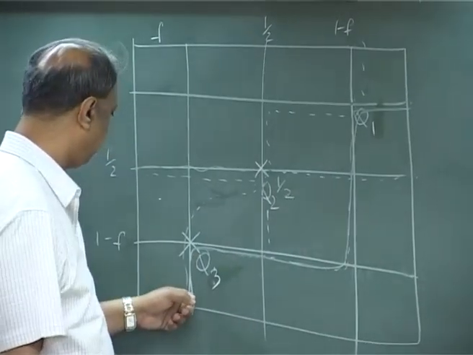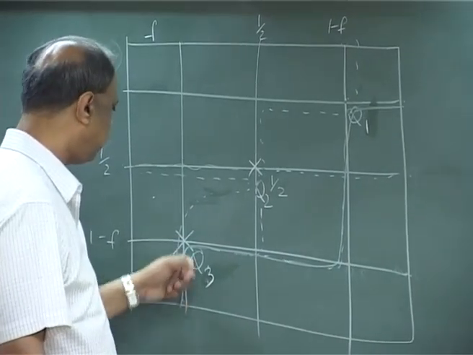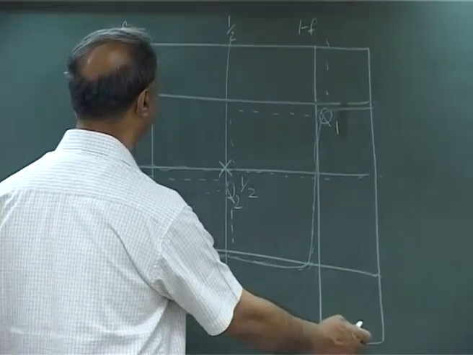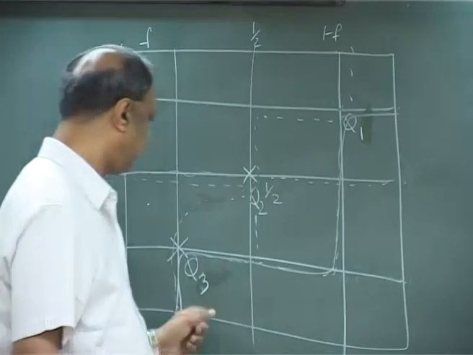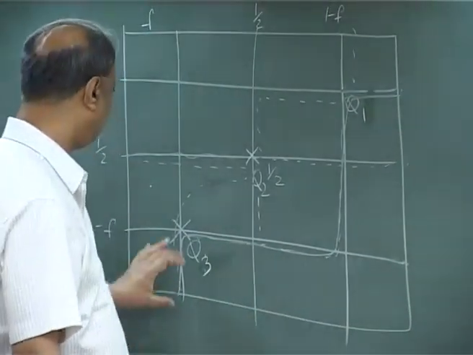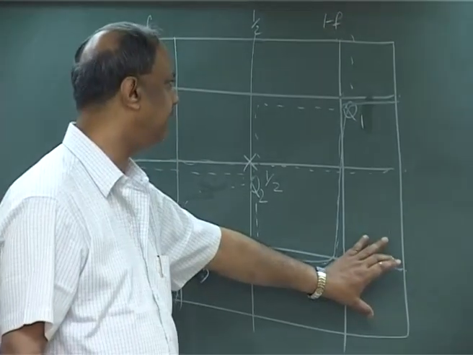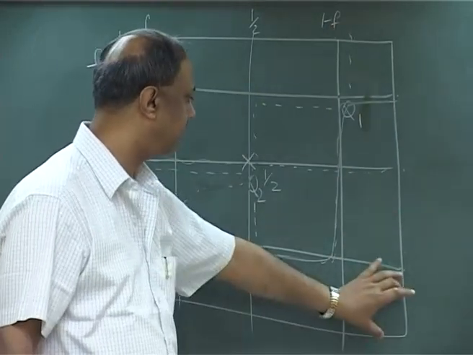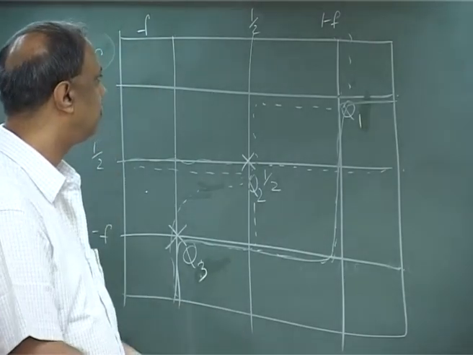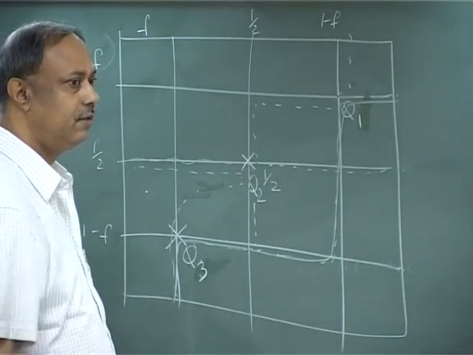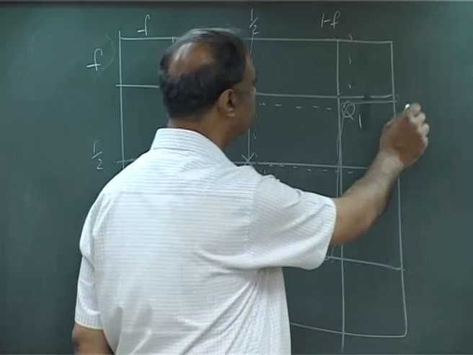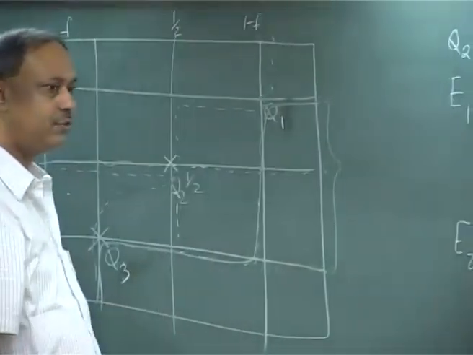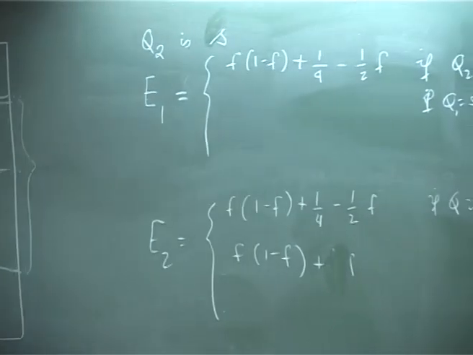This is f, right? And this is 1 minus f, agreed or not? Because this part is f, so this is 1 minus f. So you got this area is f into 1 minus f. What about this area? This is f and this is also f. So this is 1 minus twice f into f.